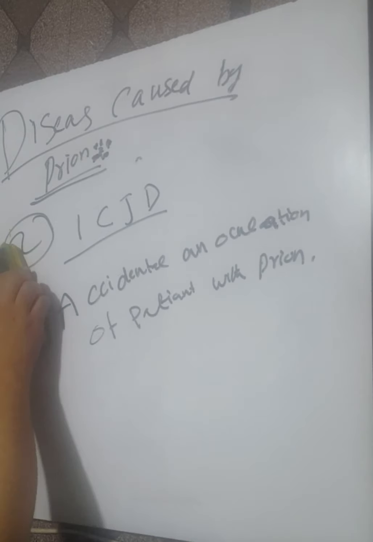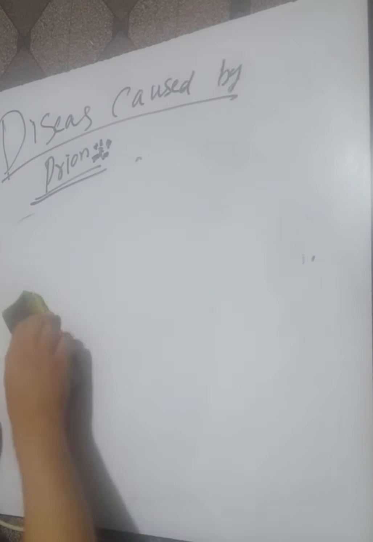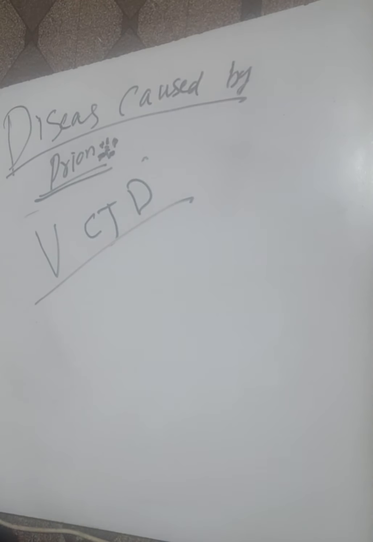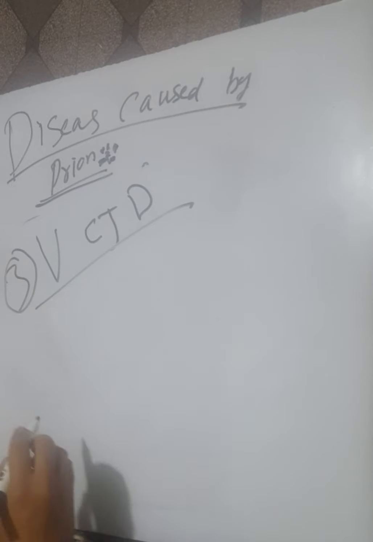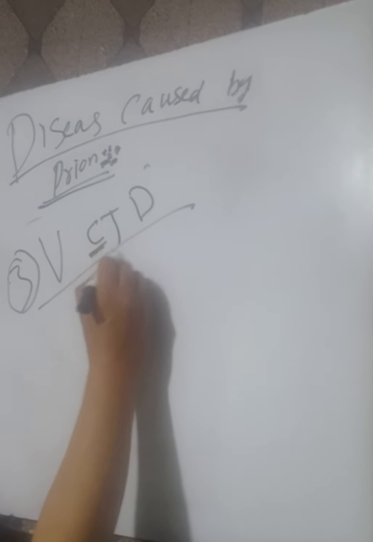The third type of prion disease is variant Creutzfeldt-Jakob disease.